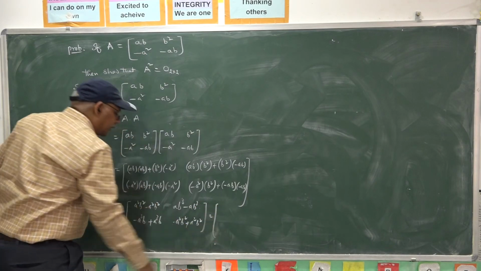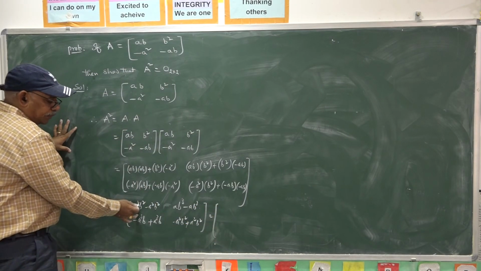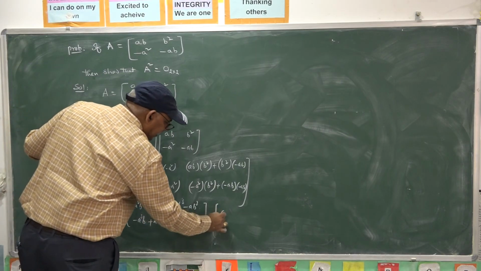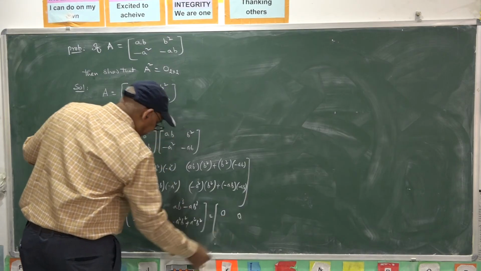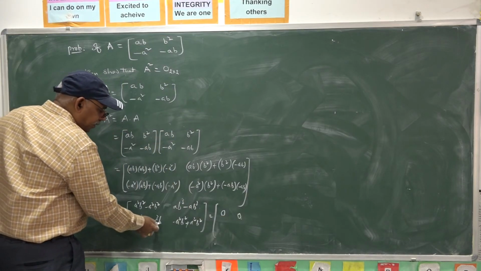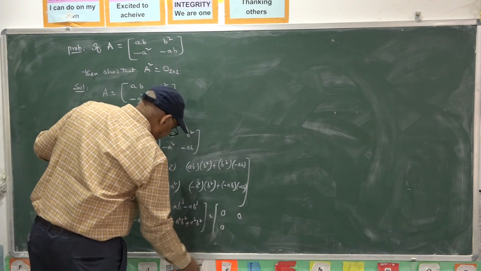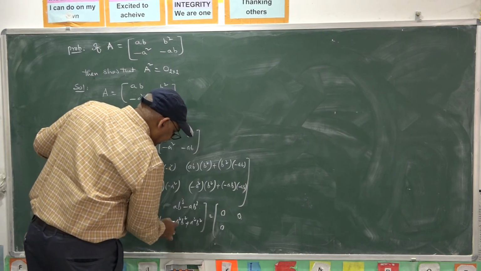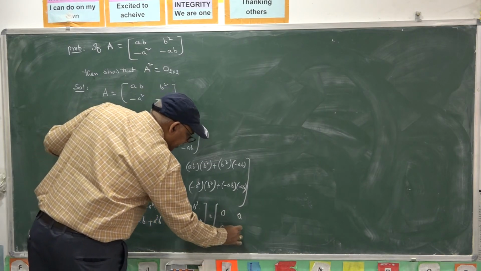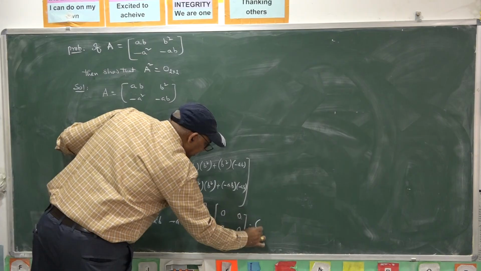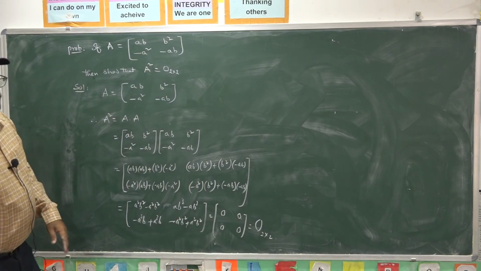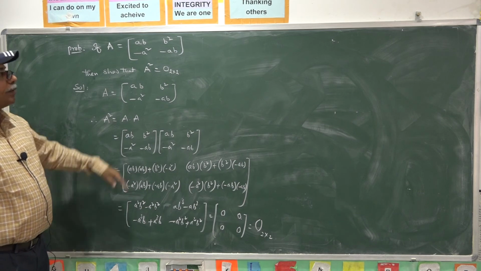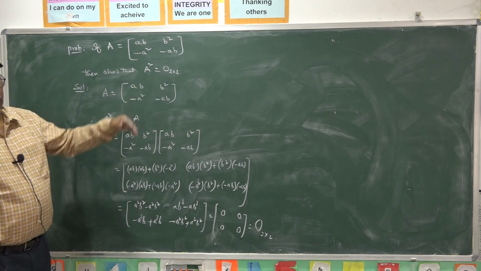A square B square minus A square B square is 0. AB cube minus AB cube, 0. Minus A cube B plus A cube B, 0. This is also minus A square B square plus A square B square, 0. So hence null matrix of order 2. The square of the given matrix is a null matrix.